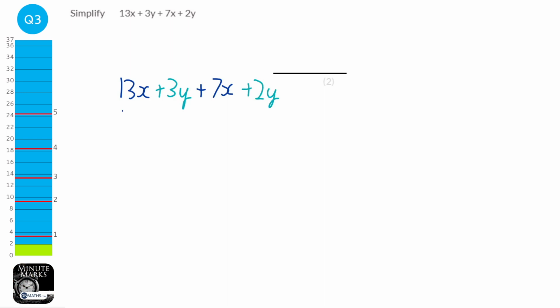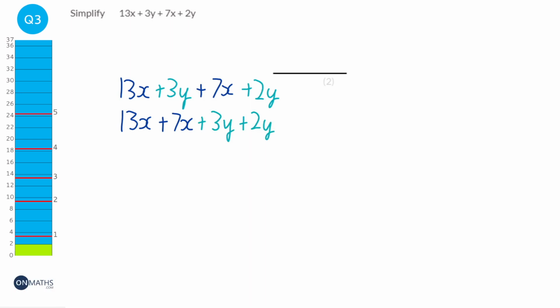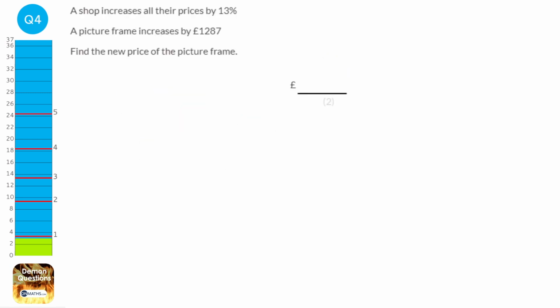So let's put the x's together, 13 lots of x plus 7 lots of x, and let's put the y's together, 3 lots of y plus 2 lots of y. So altogether we've got 13 lots of x plus 7 lots of x, well that's going to be 20 lots of x. And for the y's we've got 3 lots of y plus 2 lots of y, that's going to be 5 lots of y. So our answer is 20x plus 5y.